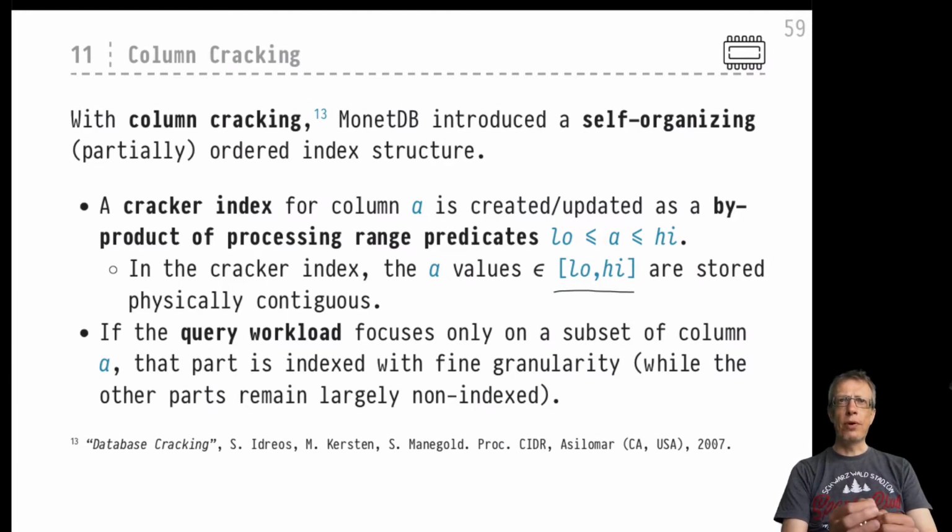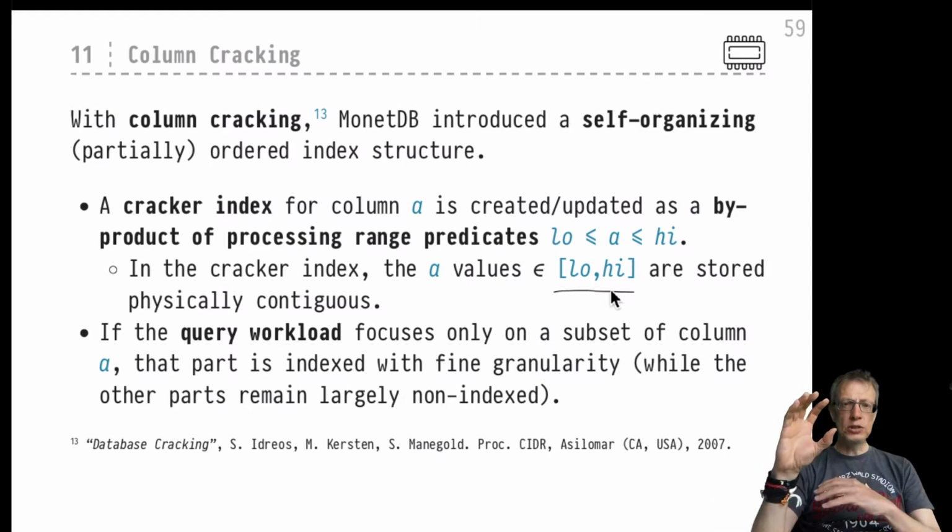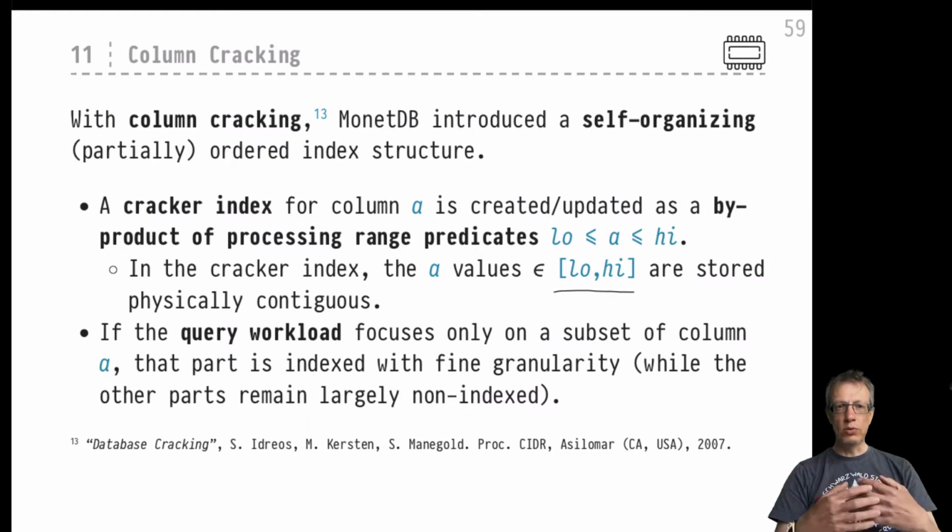Okay. Other parts of the column A that may lie outside this particular range are of course also stored in the cracker index, but we will not invest time in rearranging these values and in sorting them, for example. Values outside this range first have to prove that they're indeed relevant to our query workload. If our query workload continues to focus on values inside this low-high range, then the ranges outside will not be considered anymore and not be sorted.